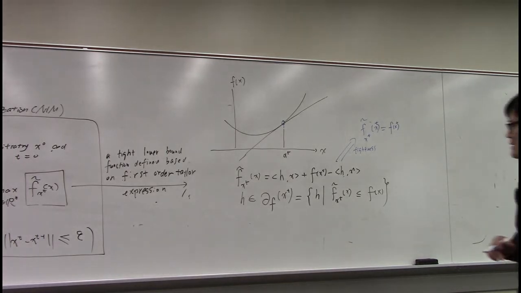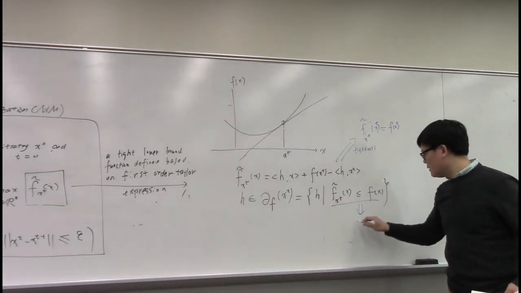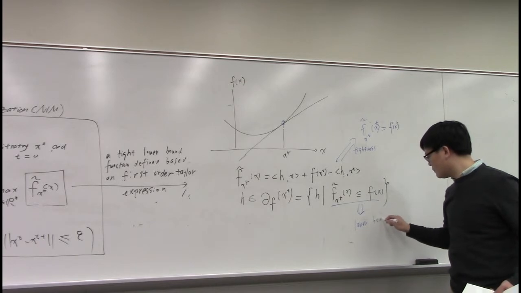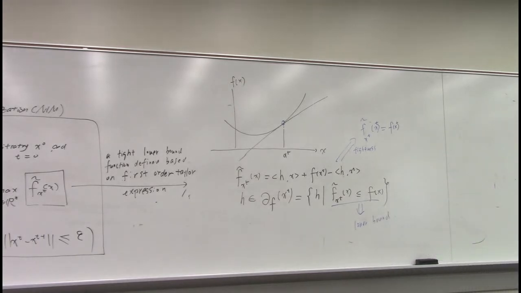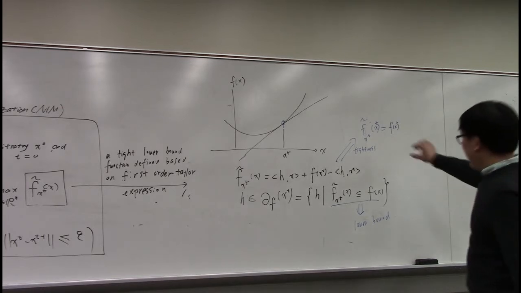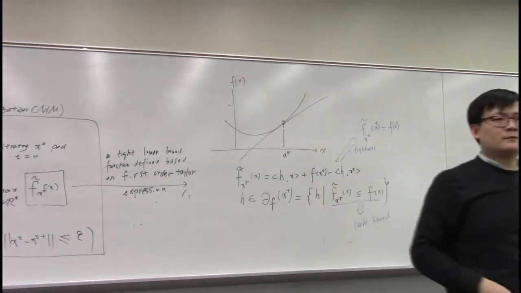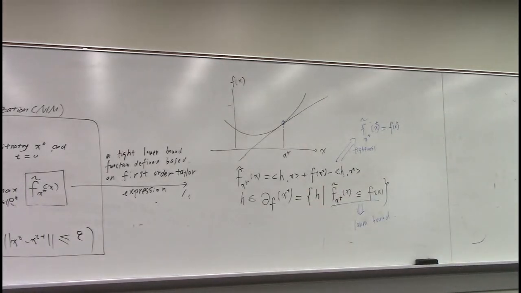So we look for h that must satisfy the lower bound, such that the first order Taylor expression is always less than or equal to f(x), and only tight lower bounds satisfy this. This is what we look for: a linear tight lower bound function that satisfies these two conditions.